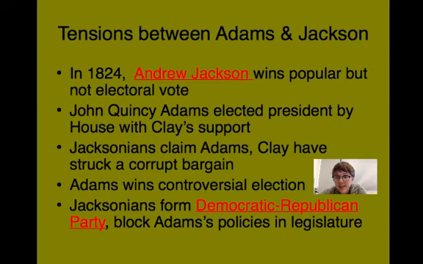But because Clay, who is a deciding factor in this, ends up becoming his vice president, many of the Jacksonians believe there is corruption. As a result, they start the Democratic Republican Party. This is what we would see today as the modern-day Democrats.